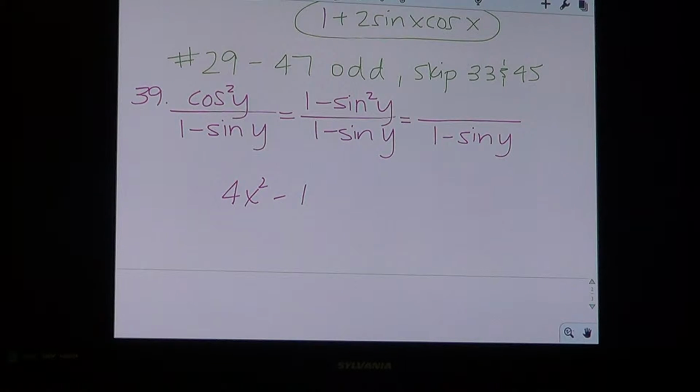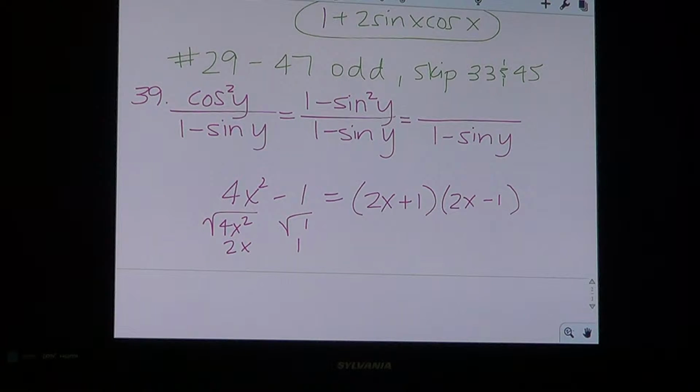Because I can take the square root of both. What's the square root of 4x squared? 2x. What's the square root of 1? 1. Then there's always a pattern. It's 2x plus 1 times 2x minus 1. You take the square root of both and you add them and subtract them, and it will work out that way every time. It's the difference of two squares.